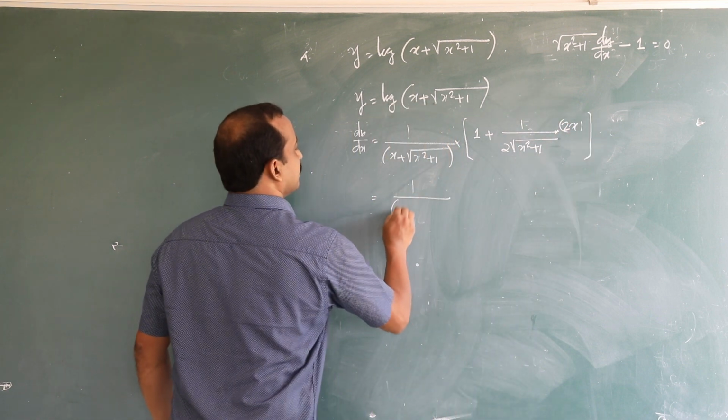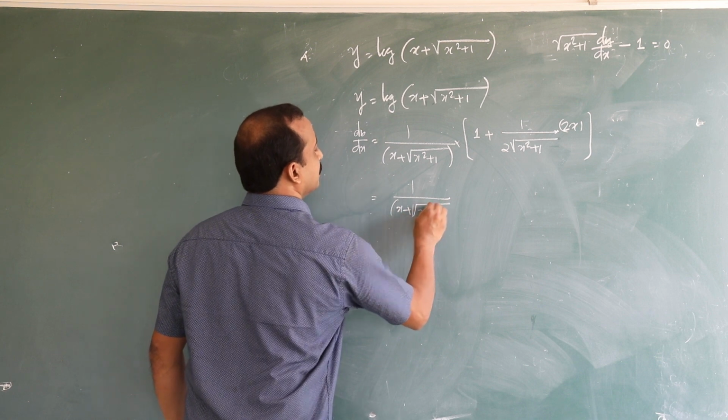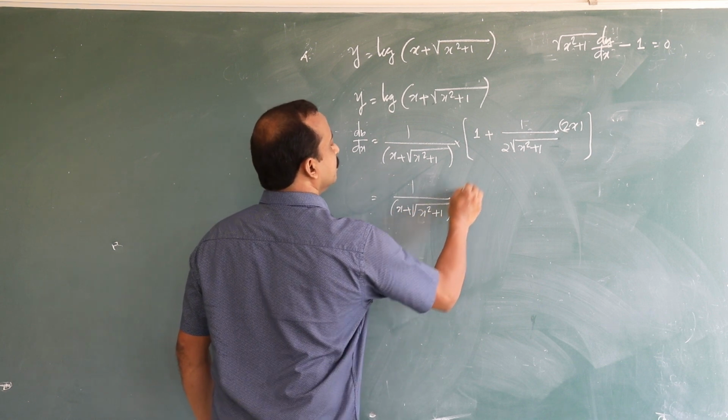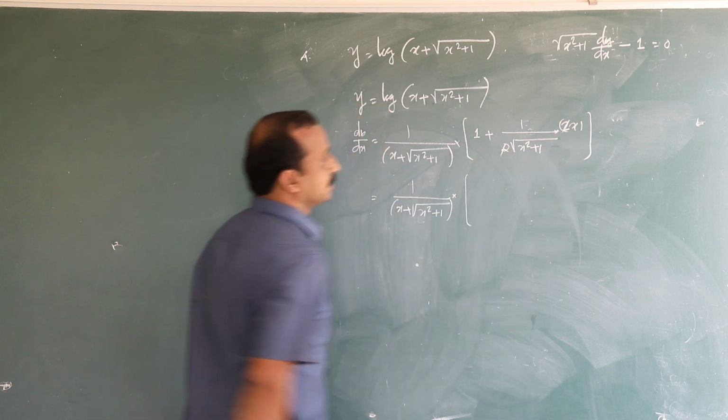That is equal to 1 by x plus square root of x square plus 1 into, here 2 cancels.